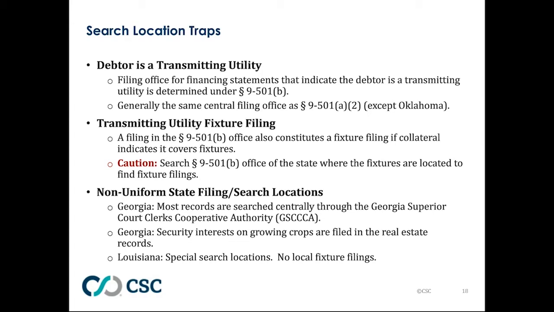Also, Louisiana has some non-uniform search locations for certain types of collateral, including motor vehicles, boats, and boat motors. These might be filed with the Department of Public Safety or the Department of Natural Resources. So always pay close attention to the filing office locations in Louisiana to determine where to search depending on the collateral.